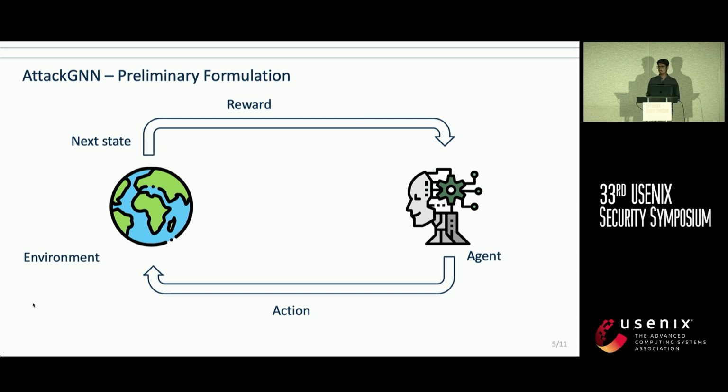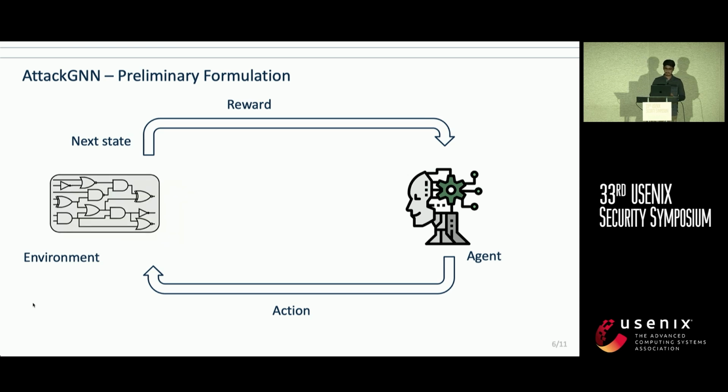Now, what we want to do is map the problem of adversarially perturbing circuits to this RL problem. So first, let's talk about the environment. In our case, we model the environment as the circuit that we want to perturb. Let's say it's a Trojan infested circuit. We want to perturb this circuit so that it results in misclassification.